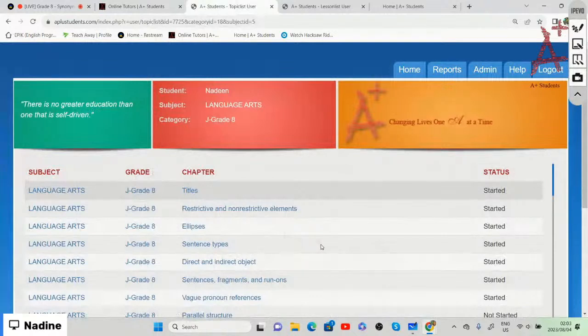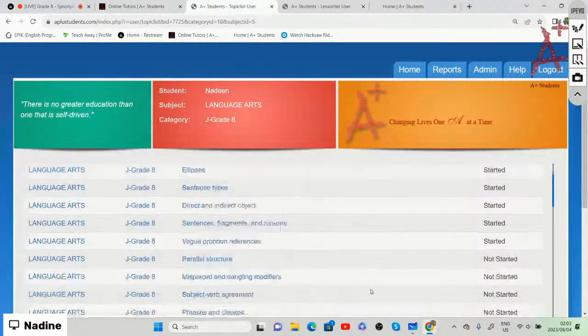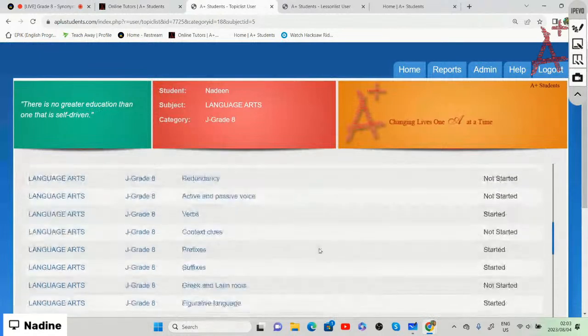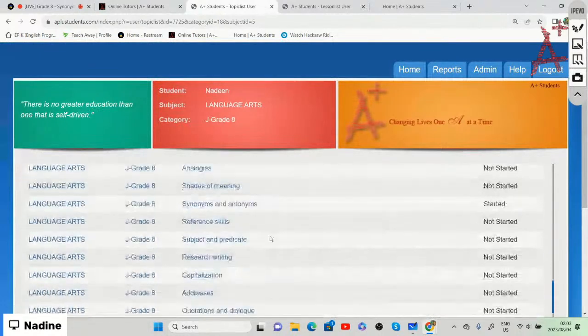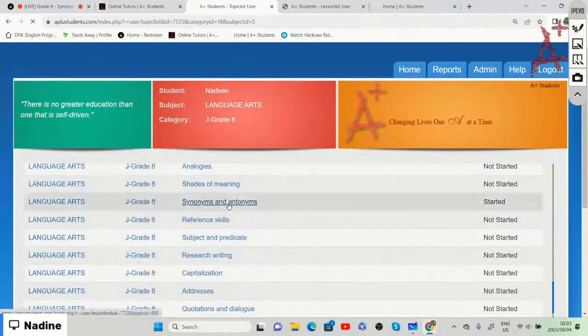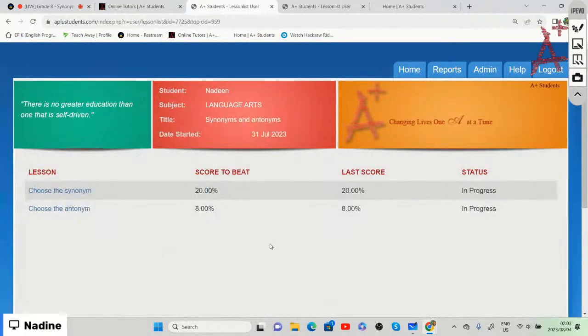All right, so once we are here on the different chapters, we're going to scroll down until we get to the chapter of synonyms and antonyms. So we're going to select synonyms and antonyms.